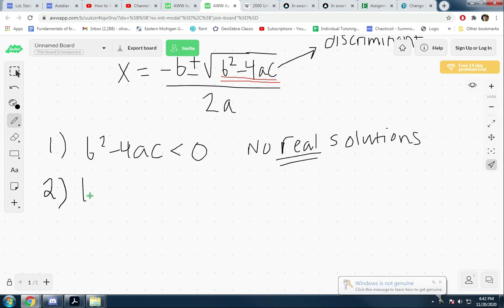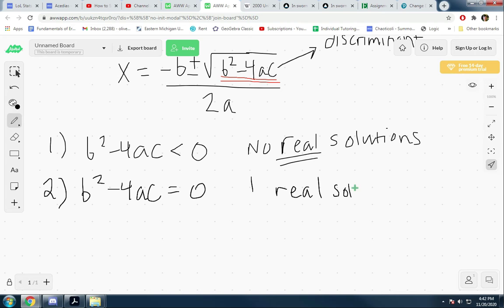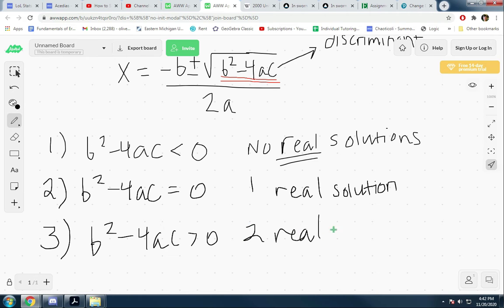Let's suppose b squared minus 4ac were equal to 0. Then we would have one real solution. And the third case, if b squared minus 4ac were greater than 0, then we have two real solutions.